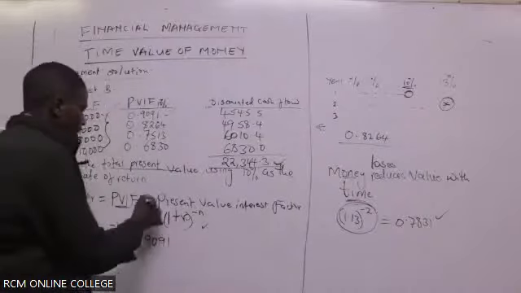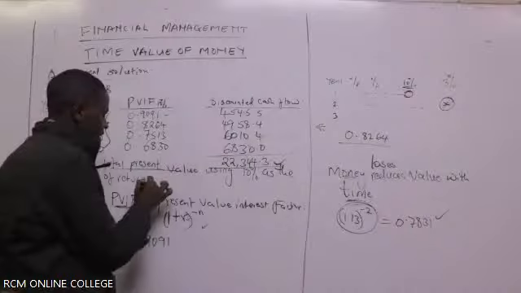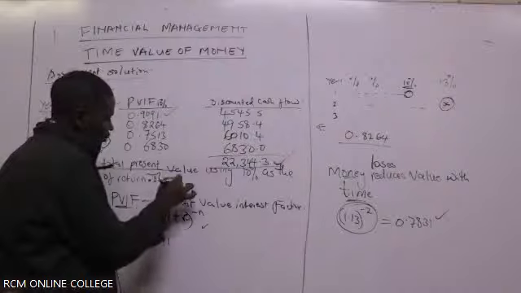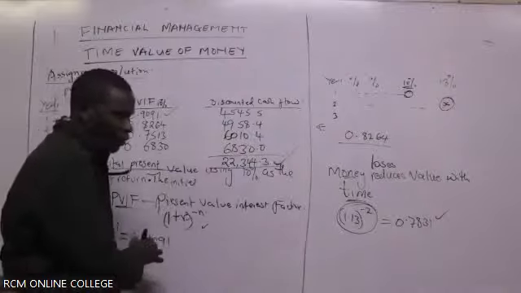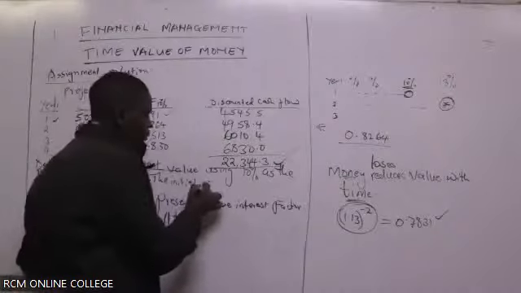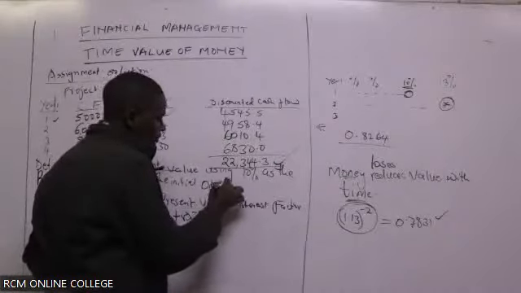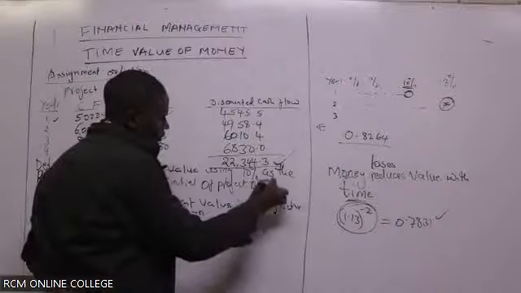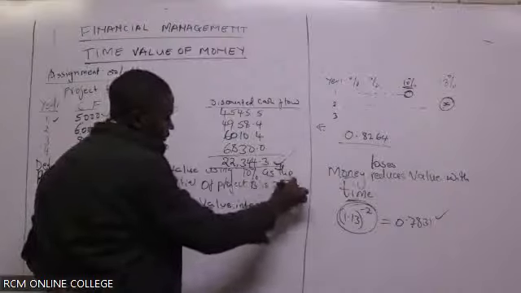Okay, now assume examiner tells you that add an information here and tells you that the initial outlay, we are expanding it now. The initial outlay of project B is 30,000.